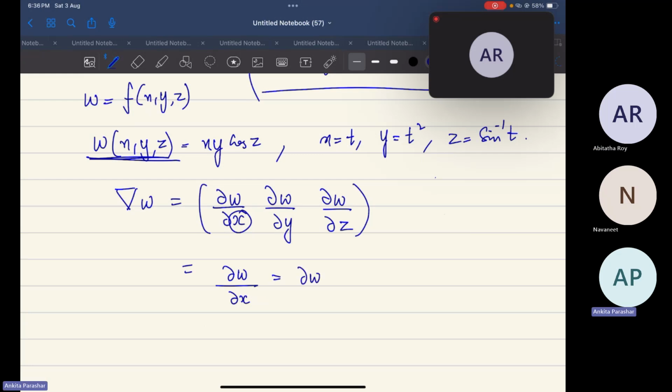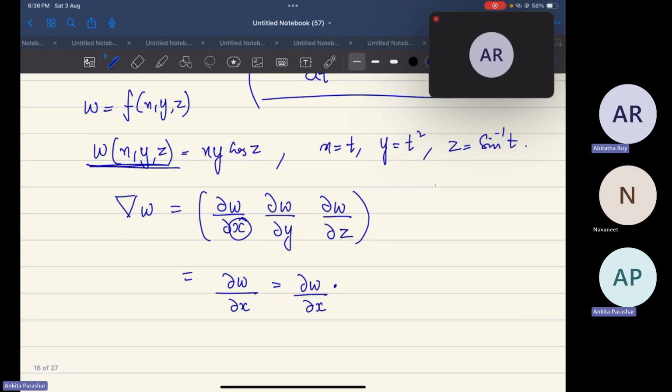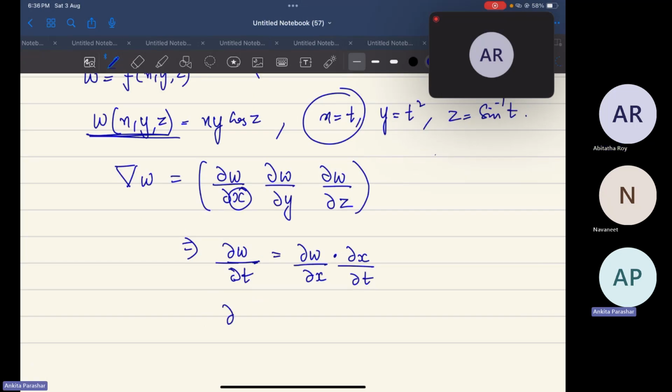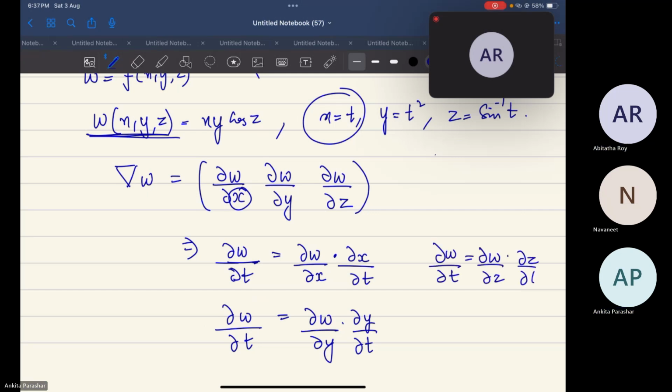This you can write as ∂w/∂x times x as a function of t. You can very well write this like this, right? Sorry, am I making some mistake? It should be t. Same thing, ∂w/∂t can also be written in this form. And the same thing can be written as this.